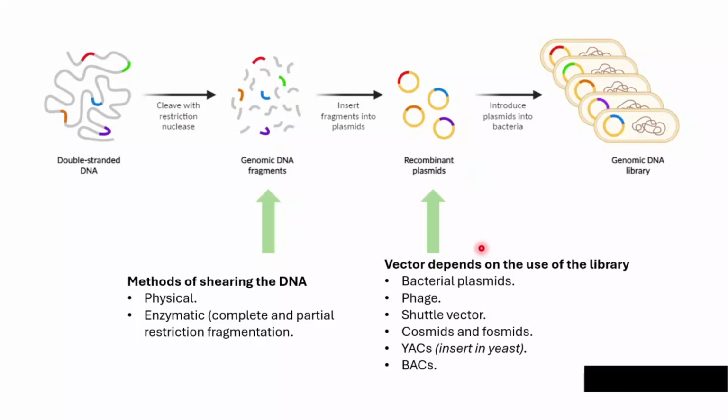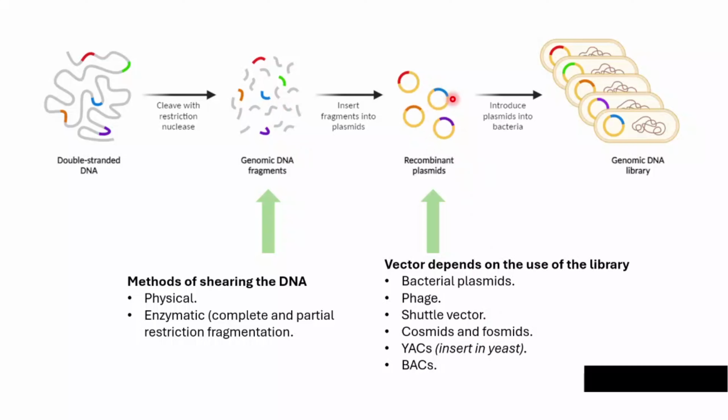Now, there are some considerations to take at this step, because we have sequenced the influenza bacterium. We have sequenced the yeast, Saccharomyces cerevisiae, but those had only a few million base pairs.